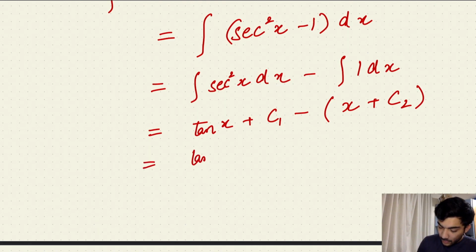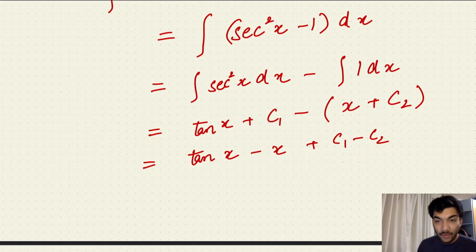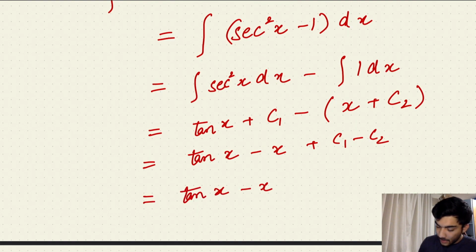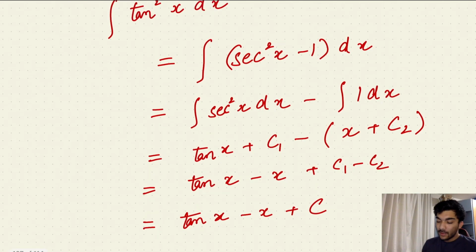Now by simplifying it down, it becomes tan x minus x plus c1 minus c2, right? And I can just convert this c1 minus c2 to just c. So the final answer would be tan x minus x plus c.